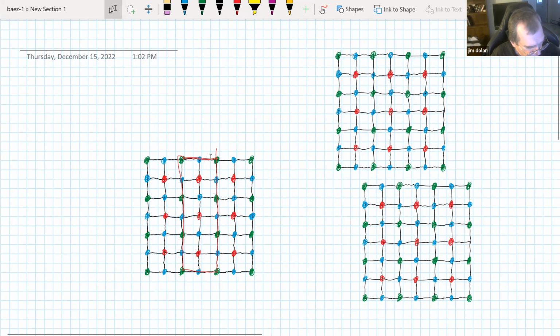So I'm just trying to get the combinatorics of the red and green and blue dots here to work correctly. Let's try to figure out the green dots in here. First of all, we started out with 36 lozenges, but then we modded out by this order 3 translation.